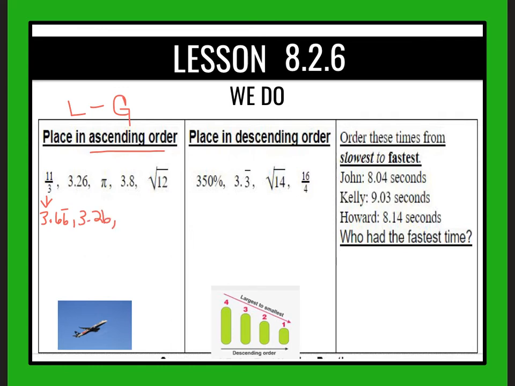And if you look at your calculator, pi is on there, and you'll see that it's approximately 3.14. So I'm just converting every single number that I have to a decimal value. And then finally, the square root of 12 would be 3.46.